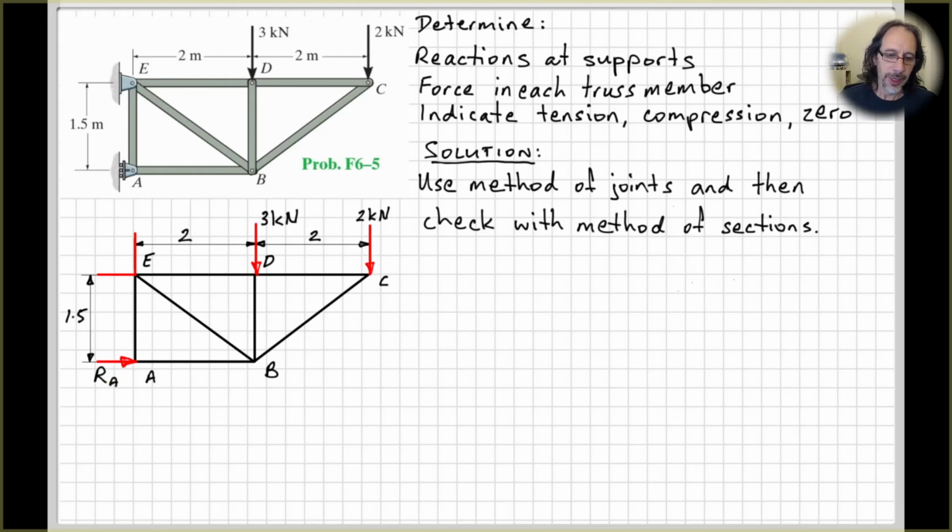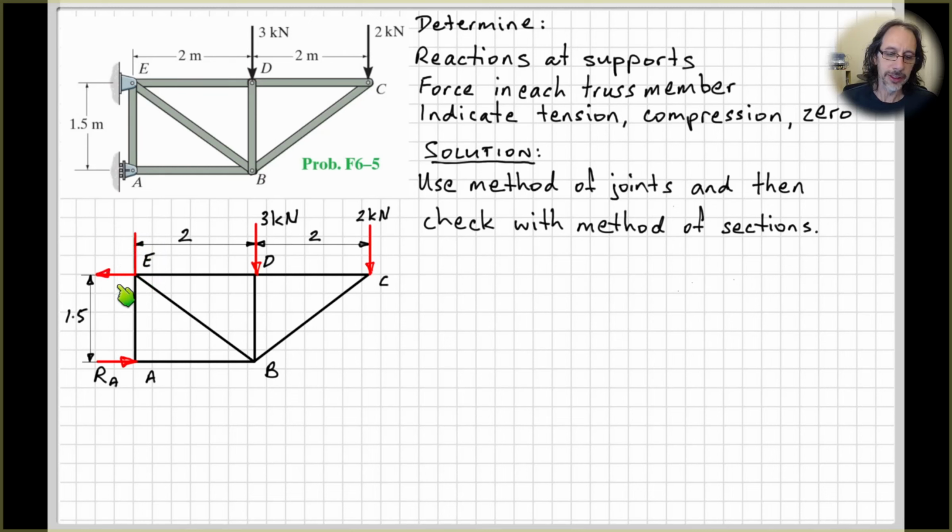All right, so up here we've got our pin connection at E, so therefore a vertical and horizontal reaction. As I said before, they don't have to be vertical and horizontal. You can put them in any orthogonal orientation that you like, but usually the most convenient and easiest is to have them horizontal and vertical.